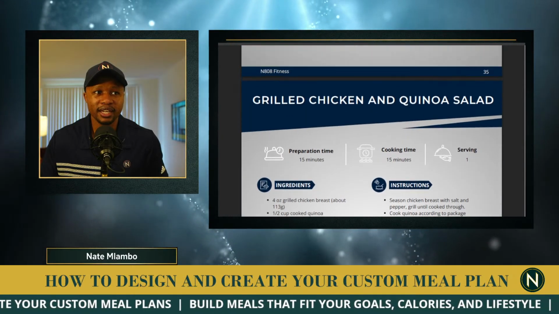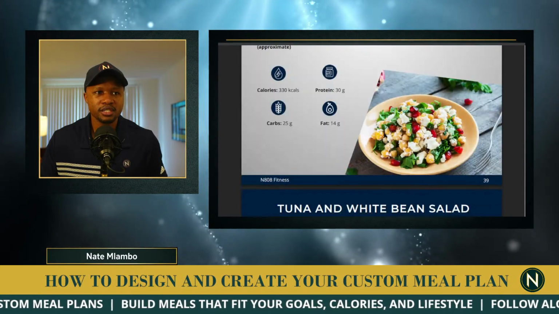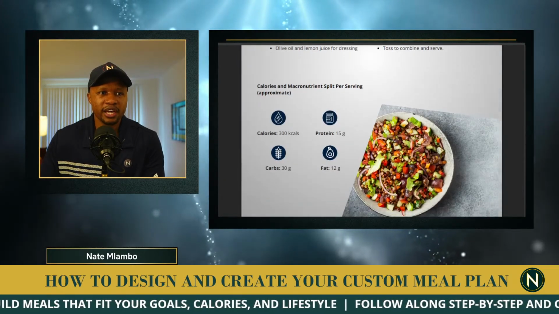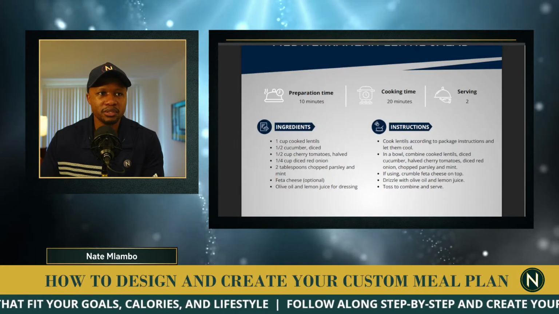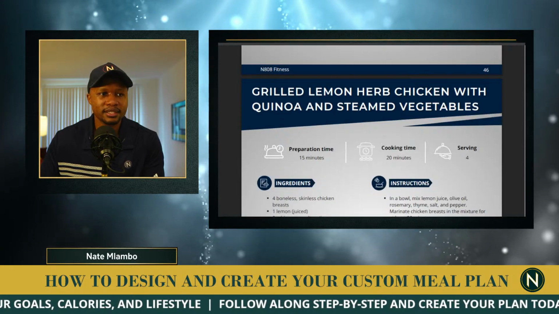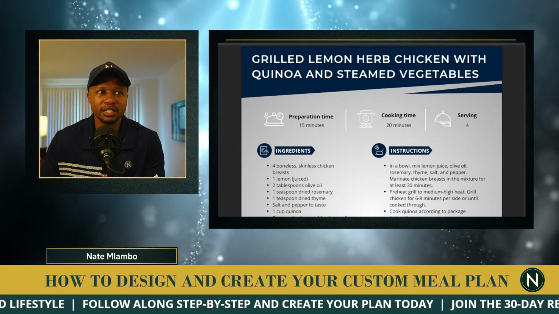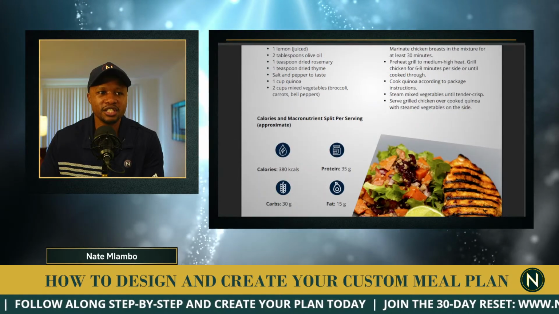You also have lunch. We've got lunches, different foods that you can eat for your lunch. And you also have dinner. You've got some bowls, like salads. Then you've got your grilled lemon herb chicken with quinoa and steamed veggies.